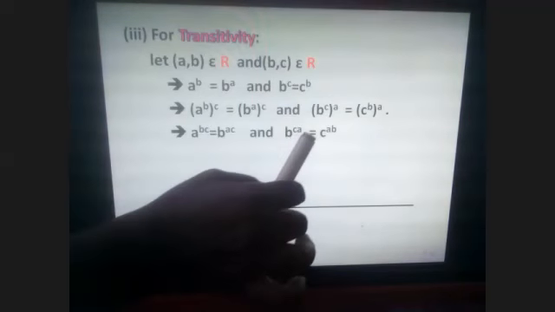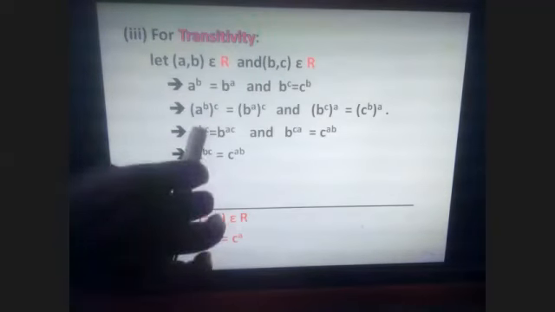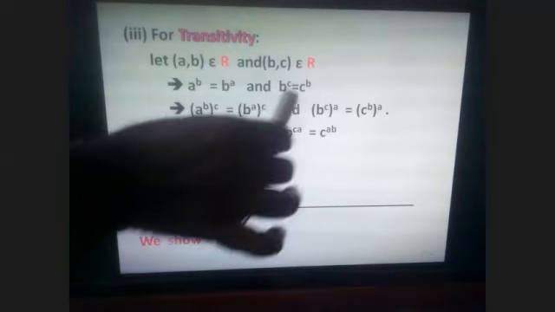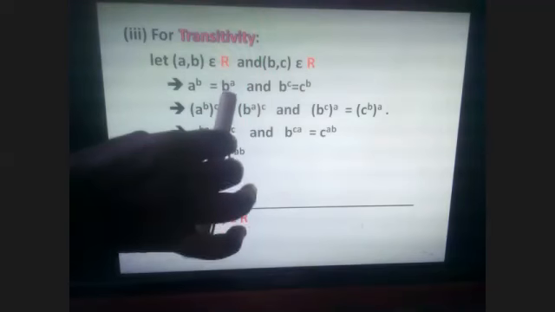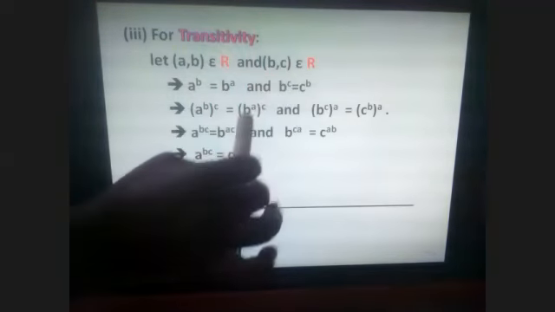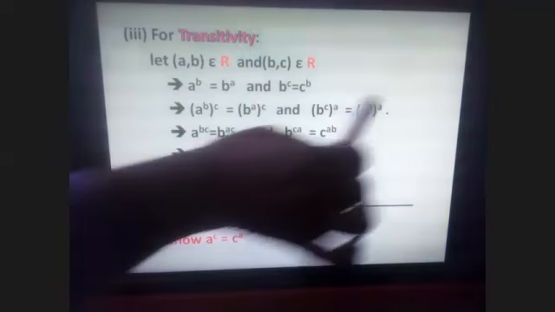B raised to AC is further equal to C raised to AB, or ultimately we get A raised to BC equal to C raised to AB. Are you getting this point? I raised this by power C and I raised this by power A, and these terms are the same, and hence we get A raised to BC equal to C raised to AB.